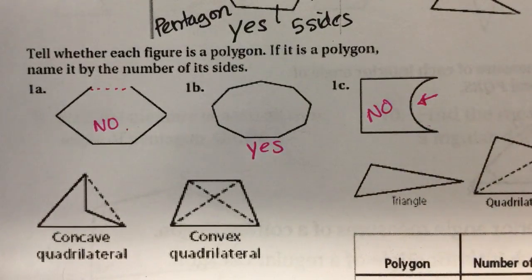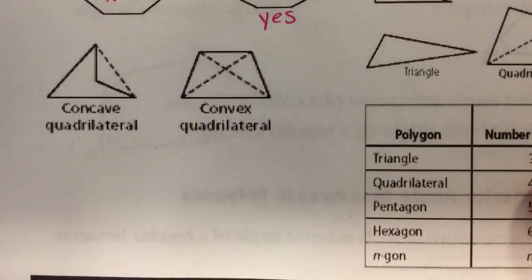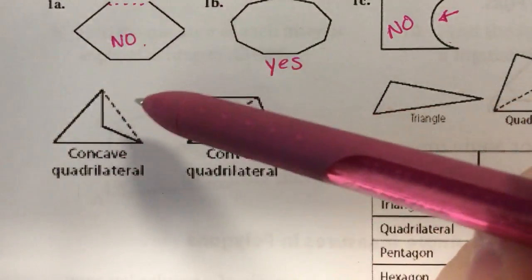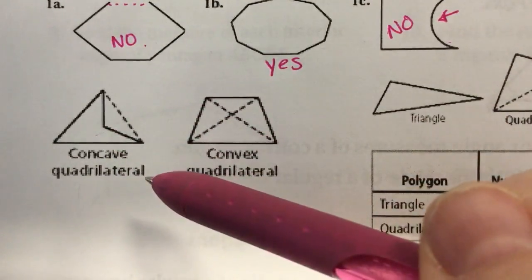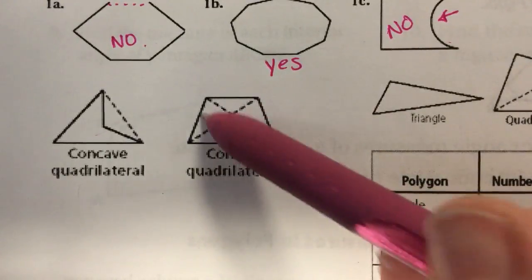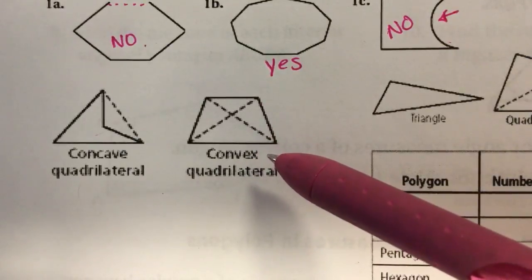The next thing we're going to talk about is if something is concave or convex, okay? So just like concave sounds like, if you were to shove in the side of a box and cave in the side of the box, we would say it was concave. So if you look at this one, it looks like somebody just pushed in the side of that triangle. So we would consider that one concave. Convex is, think of a balloon if you blow it up and there are no pushed in sides, okay? So like our perfect box that we packed something in.